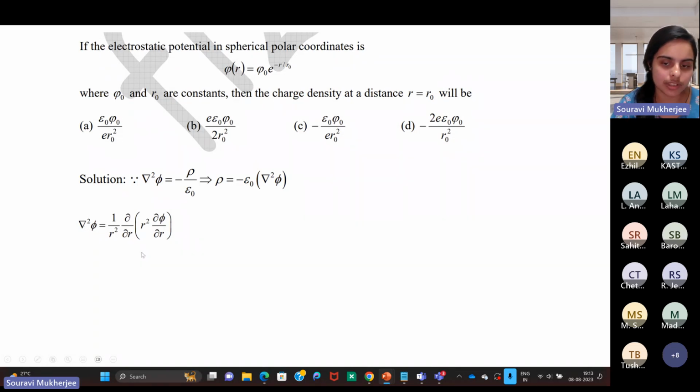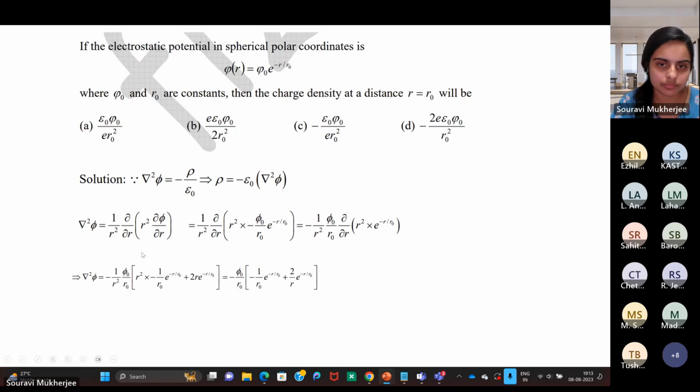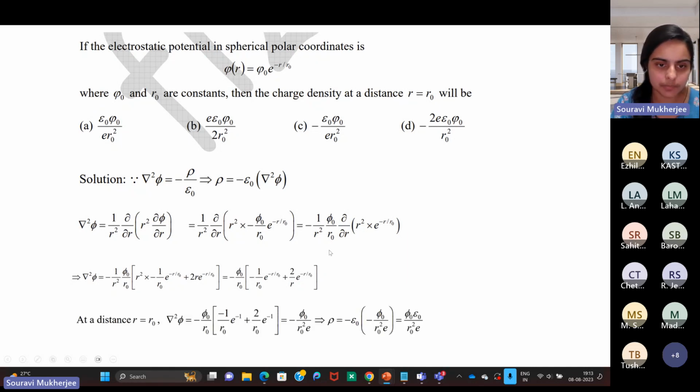So now if you use this relation, you get something like this, right? This is your expression for del square phi. And now here you put r equal to r naught because you want to find the charge density at a given distance. And if you do that, this is your expression for del square phi.